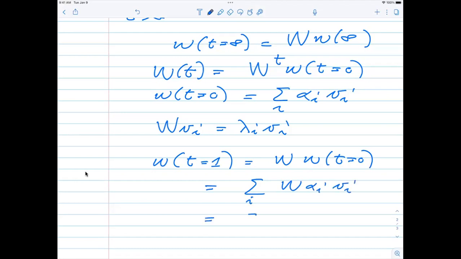And this is nothing but lambda_i alpha_i, which are just coefficients, which we can assume are known.